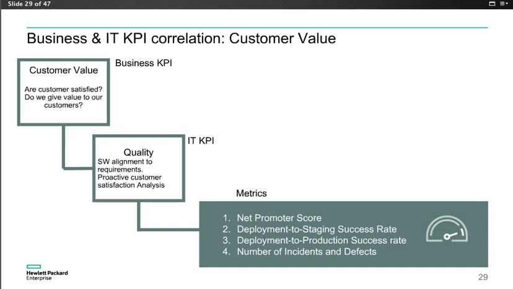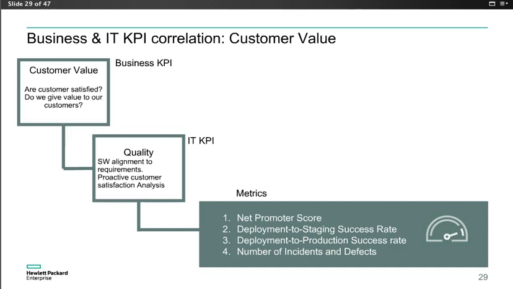And what IT can measure as a key performance indicator is, for example, the alignment of the delivery of new products with requirements they get from the business. The metrics we can use for these KPIs can look like Net Promoter Score, deployment to staging success rate, deployment to production success rate, and number of incidents and defects.